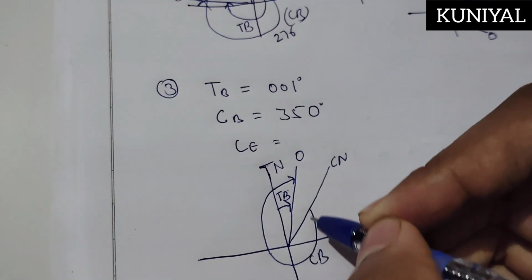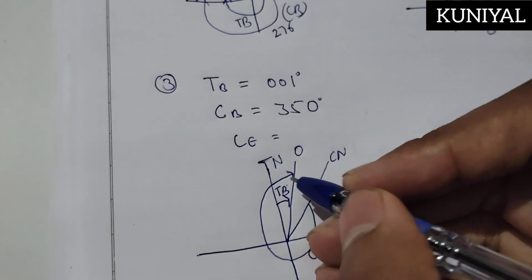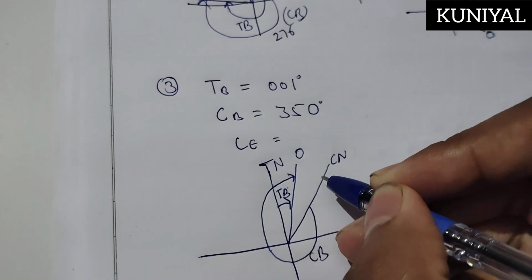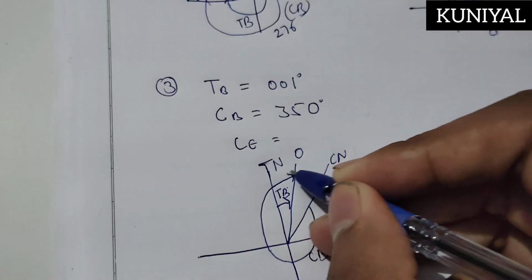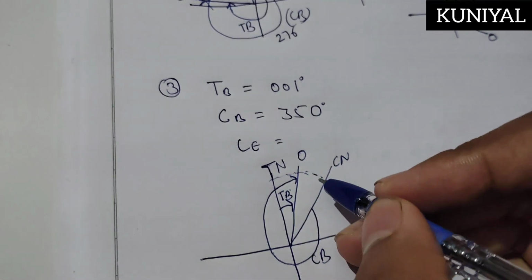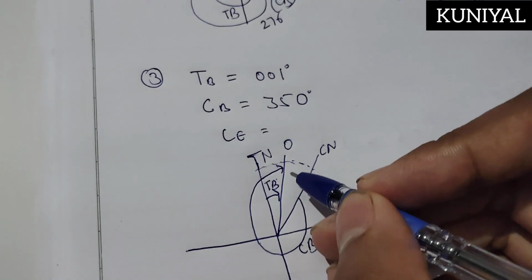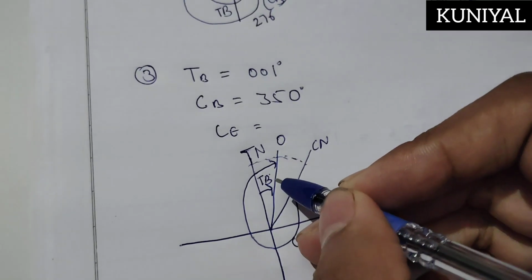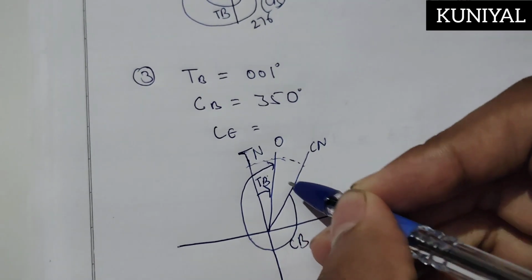So this whole angle is 350 degrees, and we have to find out the angle between true north and compass north. How will we find it? First, you know this one is 1 degree, and what will be this remaining angle?